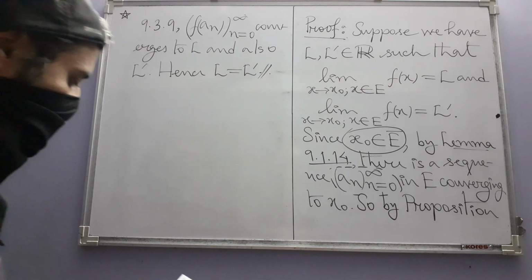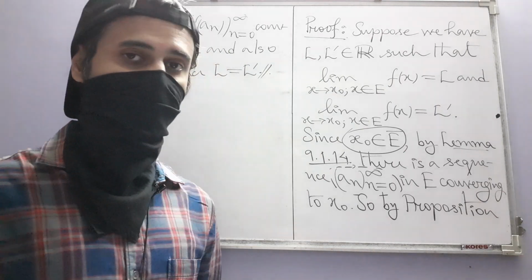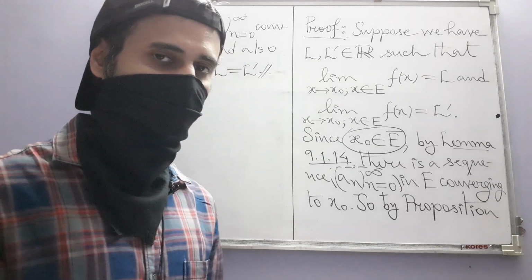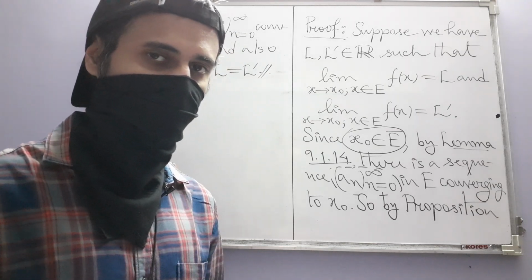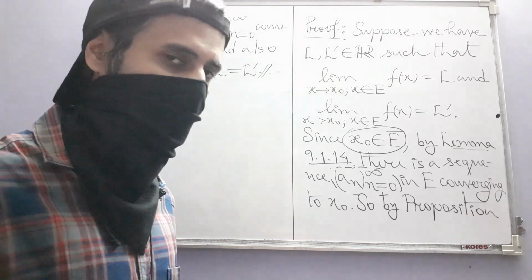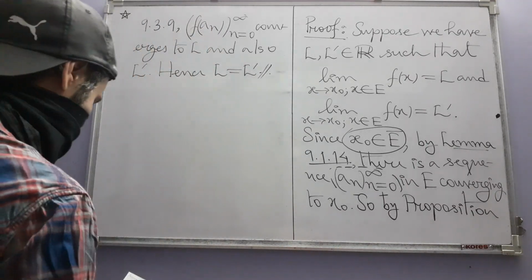And now finally we come to the well-known limit laws for functions, which correspond to the similar ones for sequences. That is, what do we get when we add two functions? What happens to their limit? It's about that.